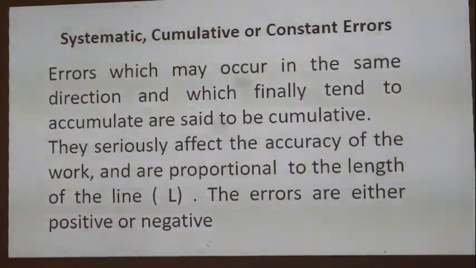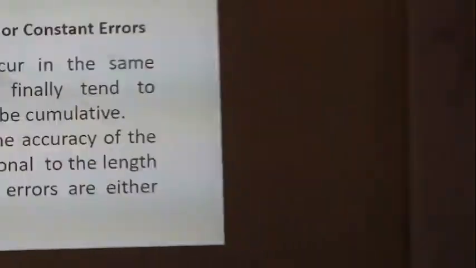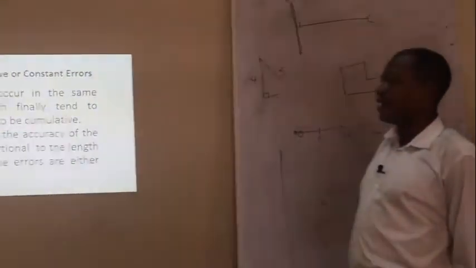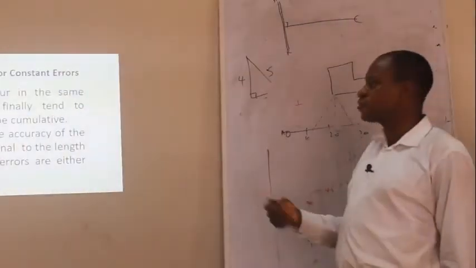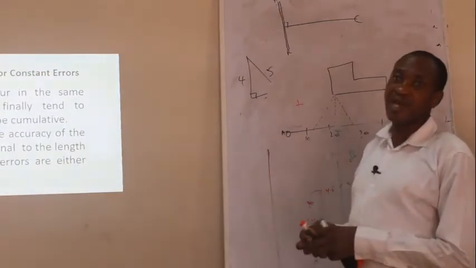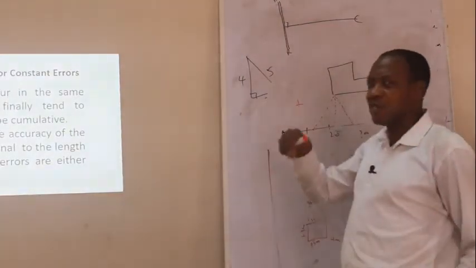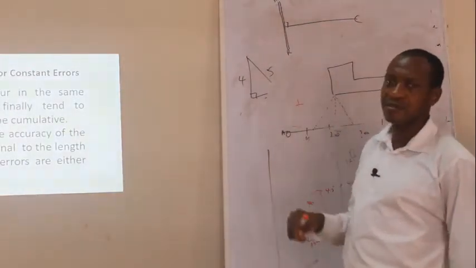For example, if you take a tape of 5 meters and the manufacturer told you this tape is 6 meters, though in real sense, it is 5 meters.